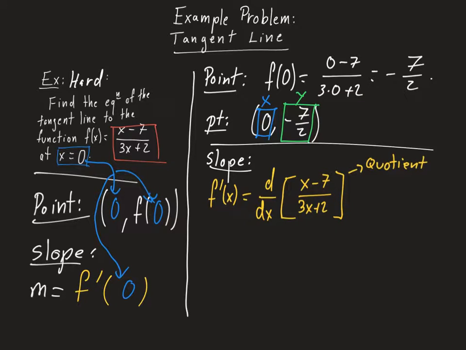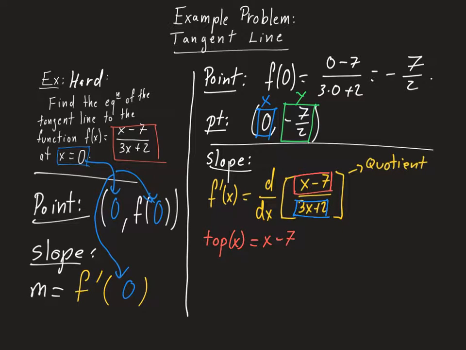Okay, so I'm going to tackle this just like I tackle all of the previous quotient rule problems in the example problem videos. We have a top function up here. We have a bottom function down here. And let's write these out. I'm going to call the top one appropriately top of x, which is equal to x minus 7.